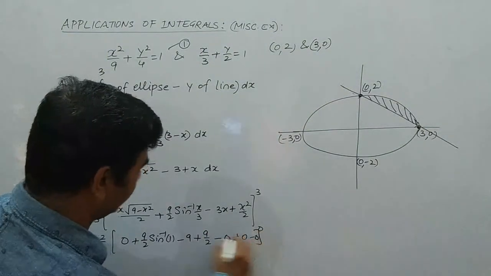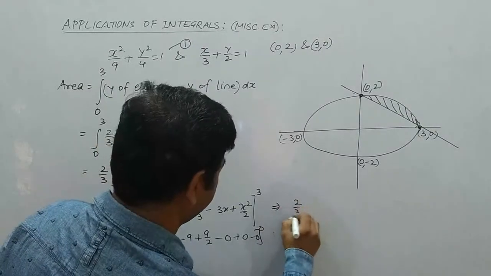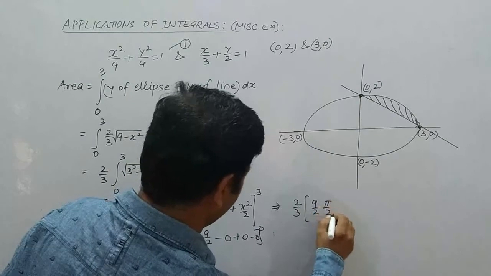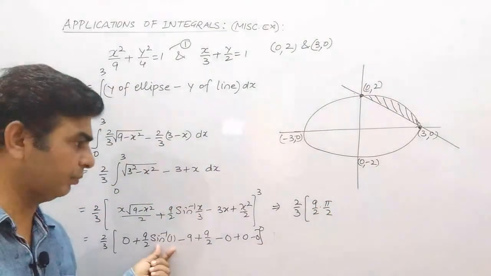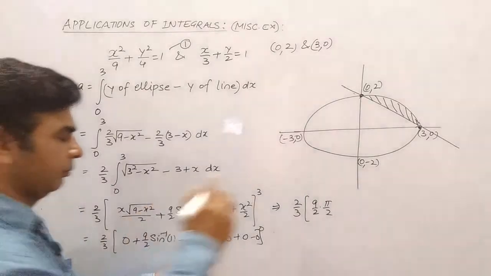and this is 0, so the value remaining is only 2 by 3. This is your 9 by 2 into pi by 2, because the value of sine inverse 1 is pi by 2, minus 9 plus 9 by 2, which will be your minus 9 by 2.